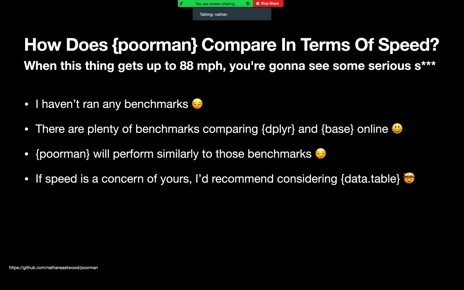Now, of course, dplyr does have additional backends, so you can utilize things like Spark or other various different backends. And yeah, you may get some more performance gains there, sure, but it depends on what your task is, what you need to achieve. Certainly, if you're doing a small analysis, dplyr isn't necessarily always going to be the best tool for the job. Base will do just as good a job, and then you have zero dependencies. But equally, you could consider using poorman.